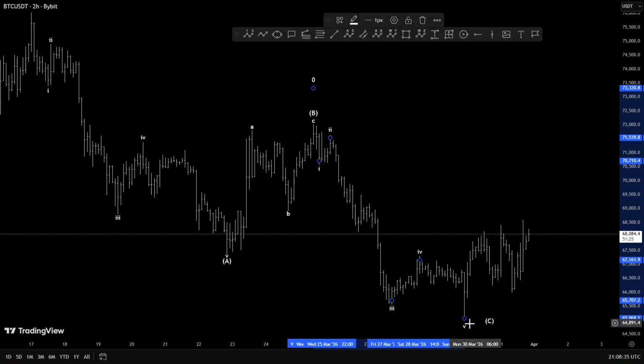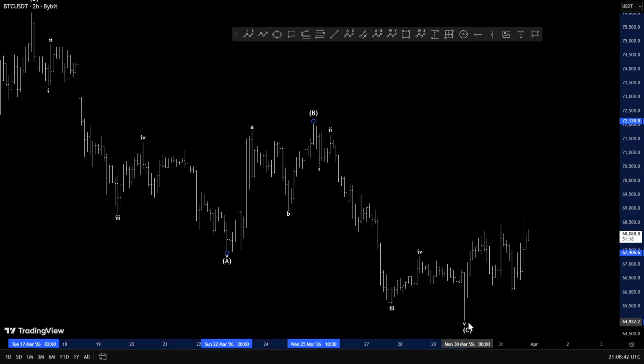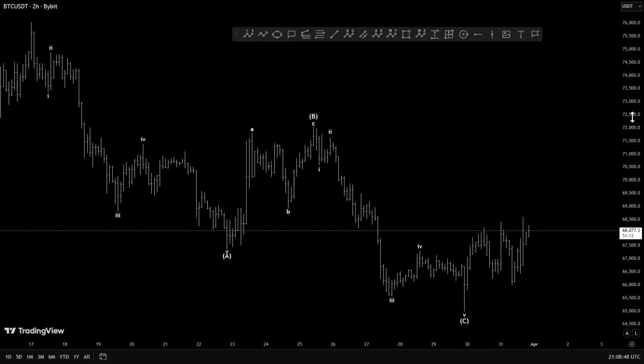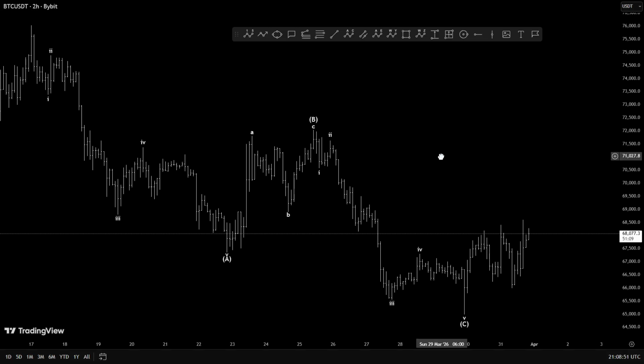Okay. Which means we have completed this zigzag pattern about here. And now our expectation is a retracement all the way up.